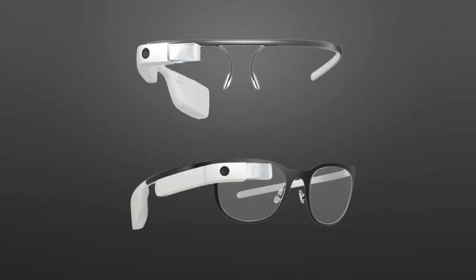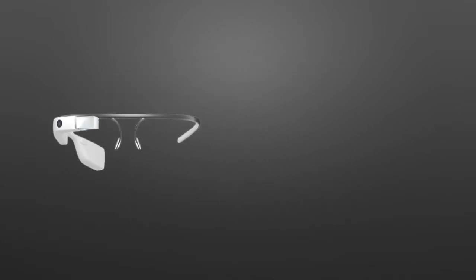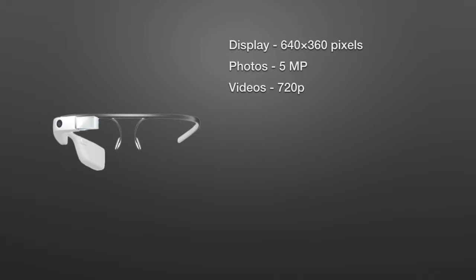So what does it really have inside of the fancy shell, fancy frame? It has display 640 times 360 pixels. It has camera so it can take photos with 5 megapixels. It can take video 720p.